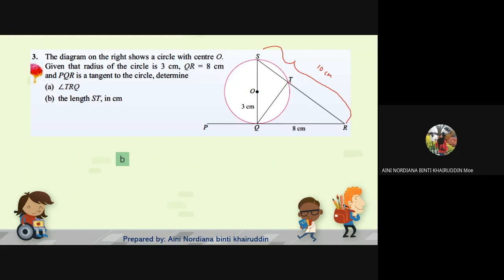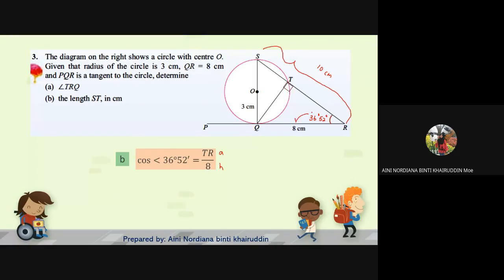Now you have to calculate the length of TR. So you can use this triangle TQR. You know this angle just now is 36 degrees 52 minutes. Then you can use trigonometric ratio cos, adjacent over hypotenuse.